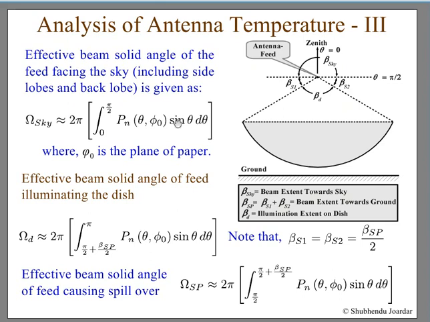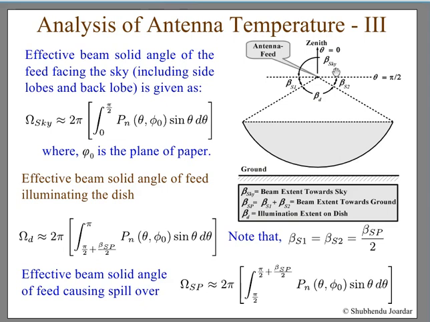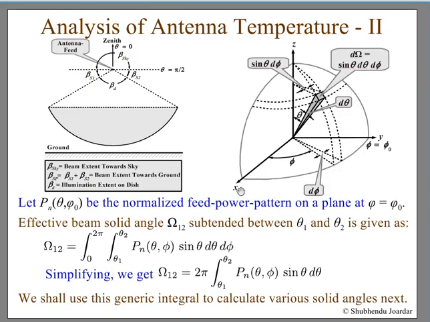From here, you see the effective beam solid angle of the feed facing the sky, including the side lobes and back lobes, is given as this. For the sky angle, beta sky, we find omega sky from this expression. In this diagram, this is phi.